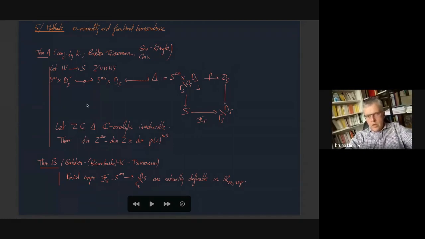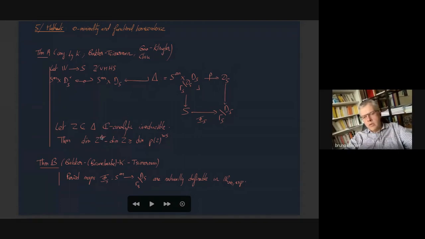Then the statement tells you that if you take a closed analytic irreducible subvariety Z in delta, then I take the Zariski closure of Z inside the ambient space, which is algebraic on the nose. And what it says is that I control the dimension of this Zariski closure.